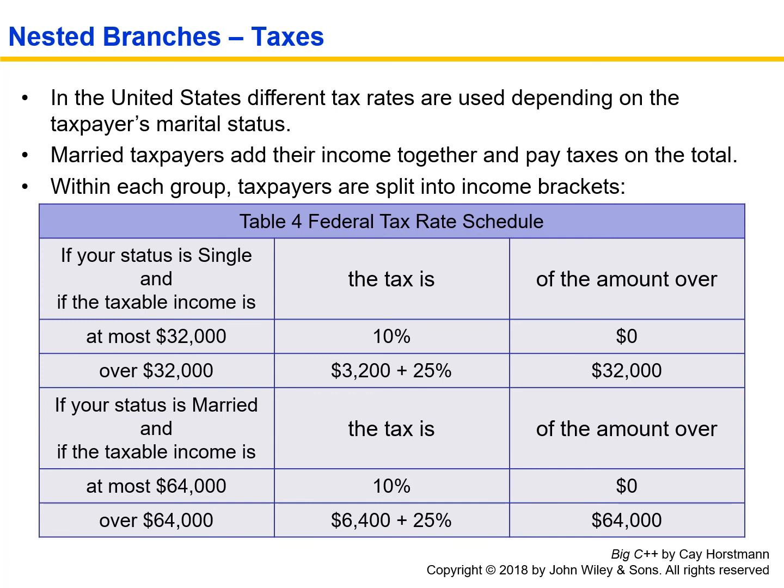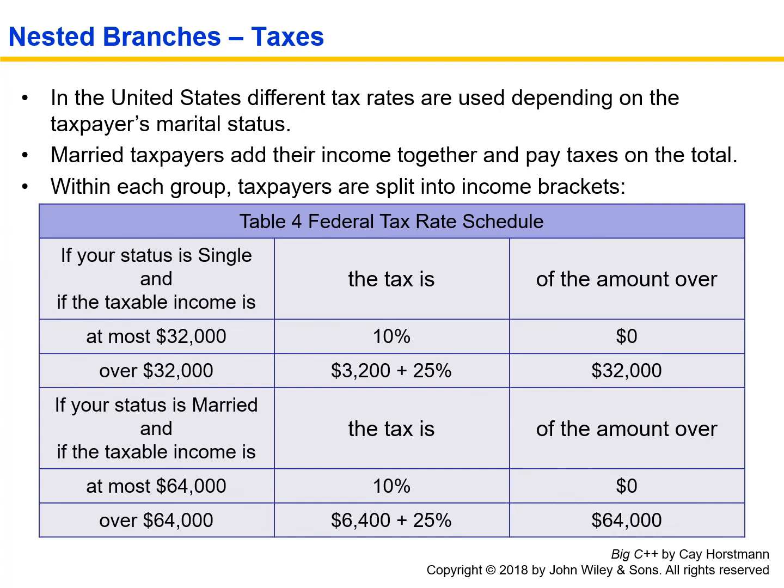So I earn slightly more than my wife, so we add our two incomes together, and if we make twice as much as a single person, then we go up a tax bracket or something like that. Within each group, whether you're single or married, you're then split into income brackets. You pay, this is a dramatic oversimplification of a federal tax rate schedule.